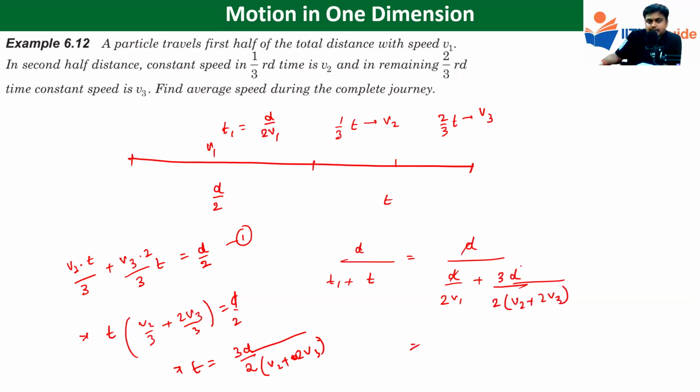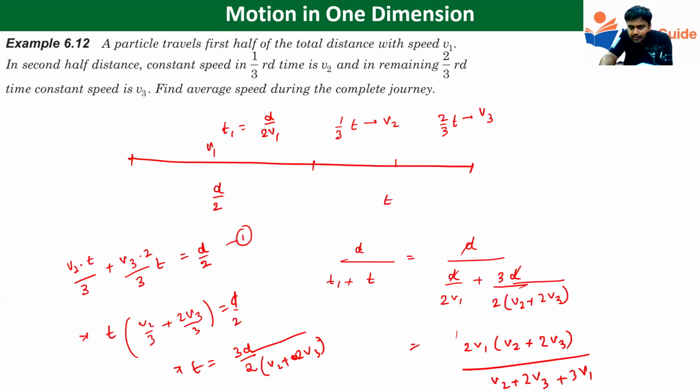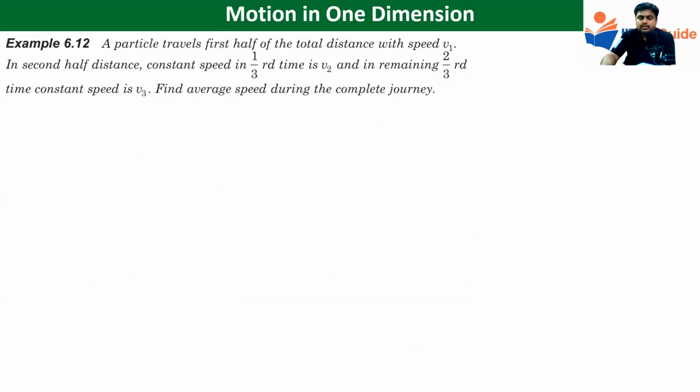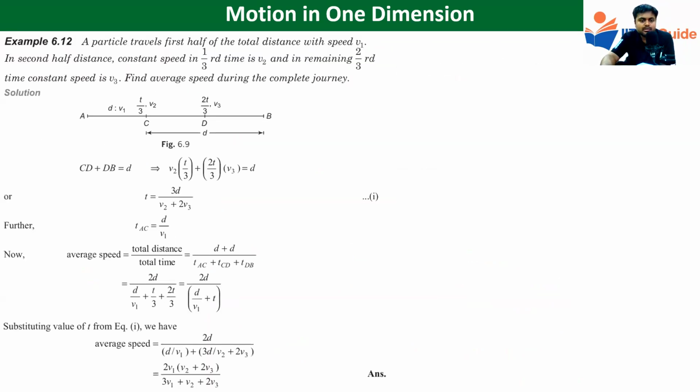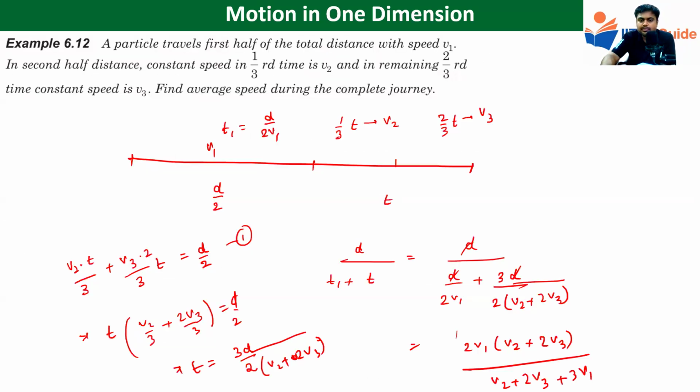The D gets cancelled. So this goes up as 2V1, V2 plus 2V3. So this is V2 plus 2V3 plus 3V1. That's it. 3V1 plus V2 plus 2V3, 2V1, V2.